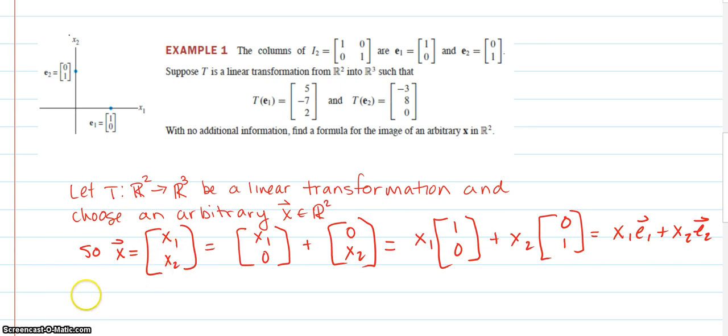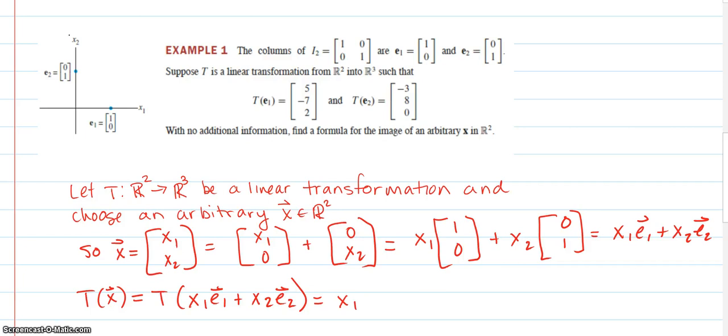So now if I look at T of x, what is that going to be? That's going to be T of x1 e1 plus x2 e2, since that's just another way of writing x. Oh, but T we know is linear. And x1 and x2 are constants, so we can do two things. We can split it up and take them out.